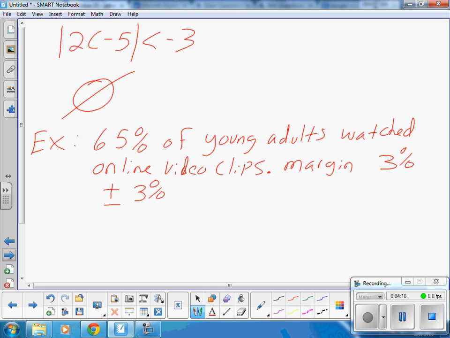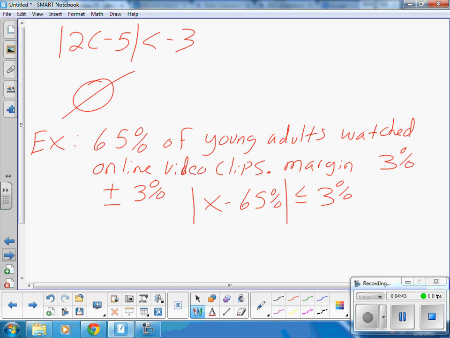Now, we could set this problem up algebraically and work through it. x minus 65% less than or equal to, because my margin of error is 3%, so that means it's less than or equal to 3%. And you could work through that problem. Or you could just open up your mind a little bit and think big picture.